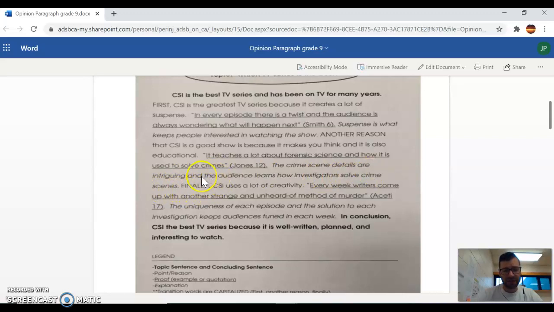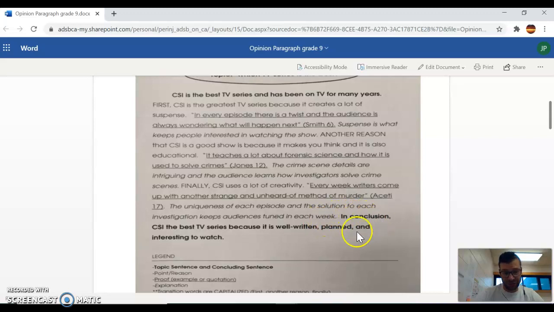Transition word, all capitals. Finally, CSI uses a lot of creativity. Okay, that's their point. Now let's see the explanation or the proof. Every week, writers come up with another strange and unheard of method of murder. Accetti, page 17. Here is the explanation. The uniqueness of each episode and the solution to each investigation keeps audiences tuned in each week.